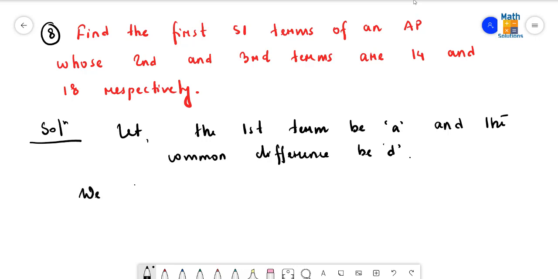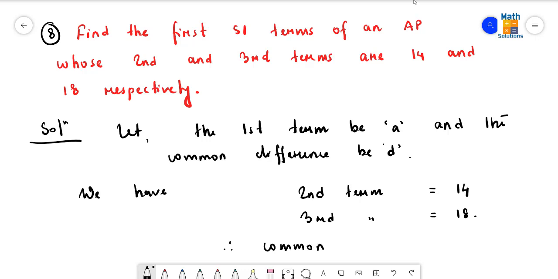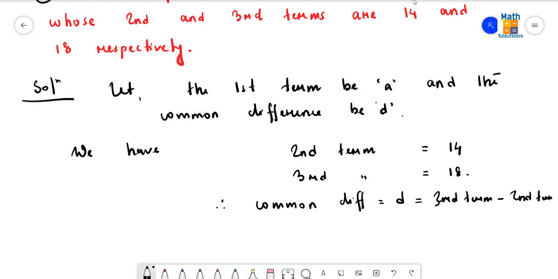We have second term as 14 and the third term as 18. So common difference could be like this. d is equal to, of course, third term minus second term. So the answer will be 18 minus 14 is equal to 4.